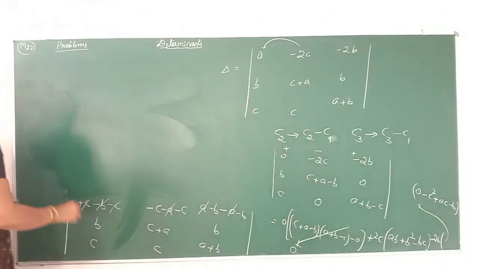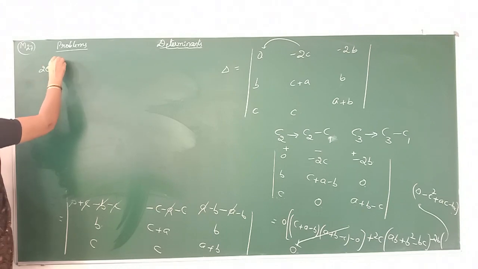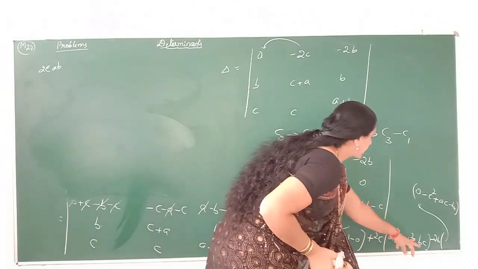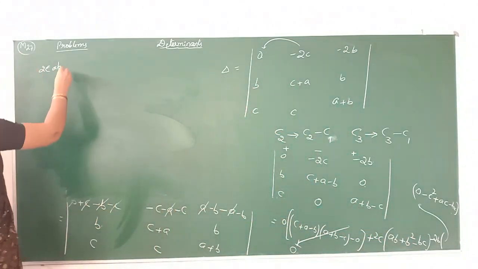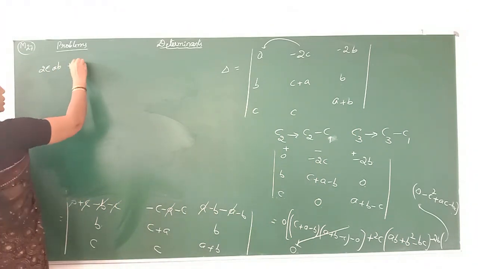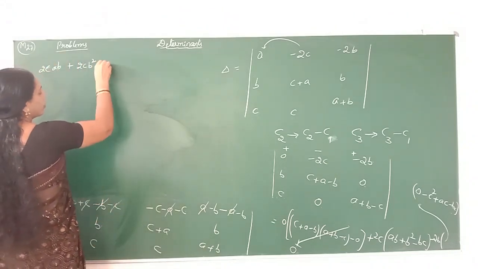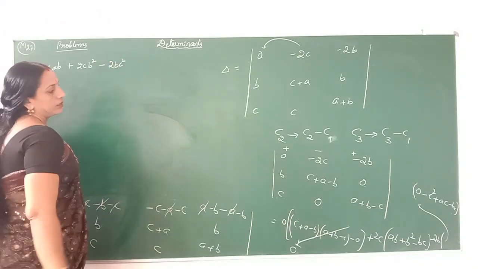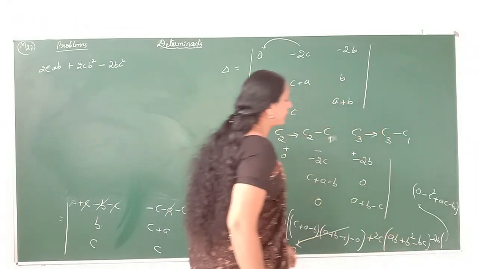But in the second element, 2C into A is 2C, then 2C can be distributed over all the elements of that expansion. 2C into AB is 2ABC, plus 2C into B square is 2CB square, minus 2C into BC is 2BC square. That is the product of the first elements multiplied by 2C.